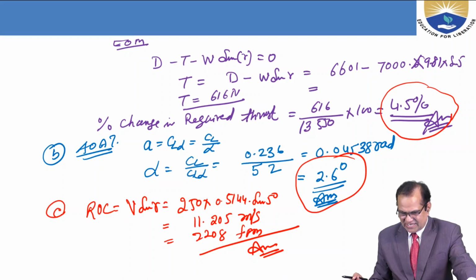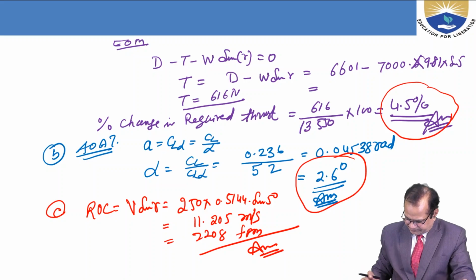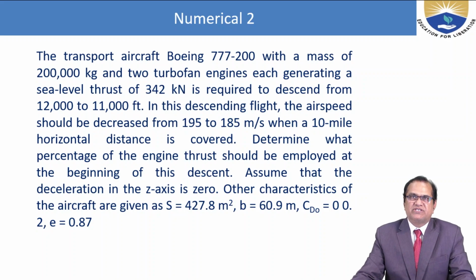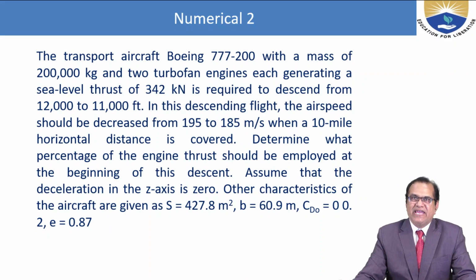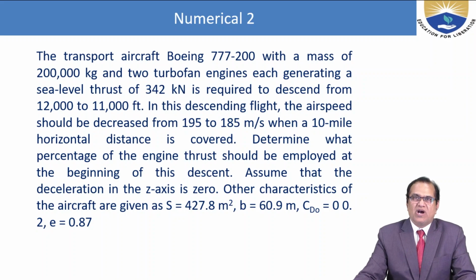So now we will see the next problem. This is numerical number 2 which we are going to discuss today in this lecture. That is the transport aircraft Boeing 777-200 with a mass of 200,000 kg and 2 turbofan engines, each generating a sea level thrust of 342 kilonewton, is required to descend from 12,000 feet to 11,000 feet.